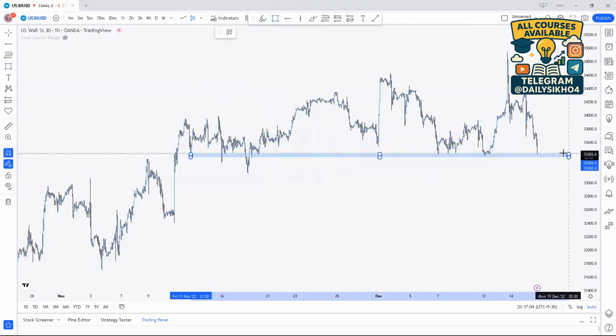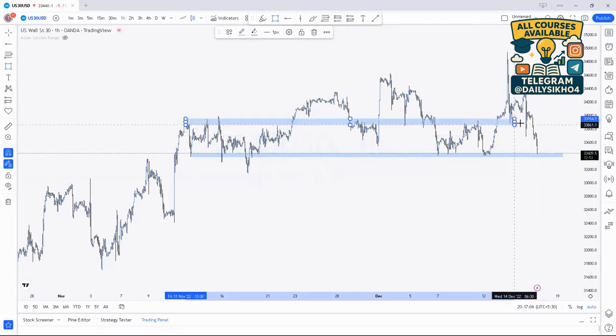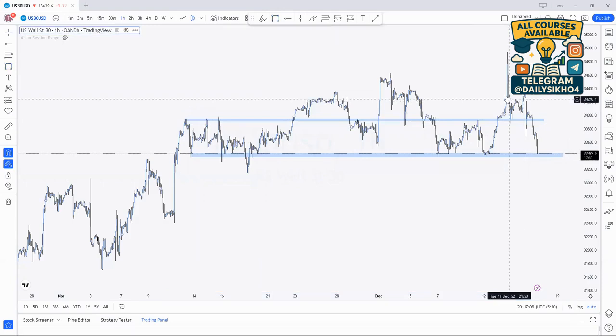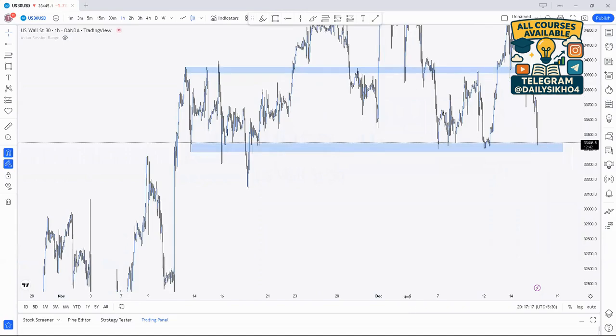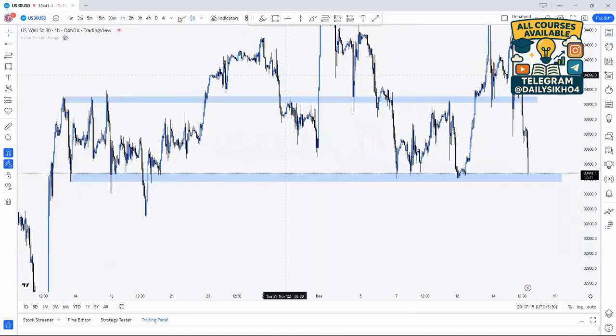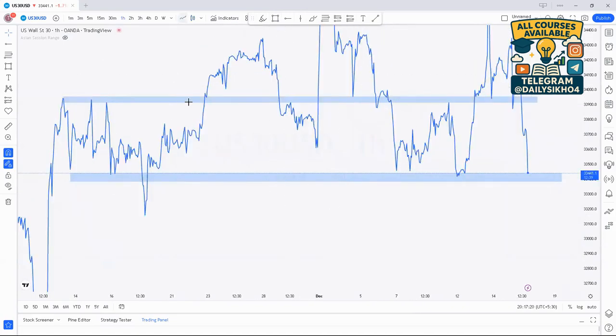Like, okay, fine. This is very important. So you see where the price has rejected the area a lot of times. In this overall chart, this high and this low is the area where prices have rejected so many times. Plus, on top of that, if we need to find something in the middle, you'll obviously find something.